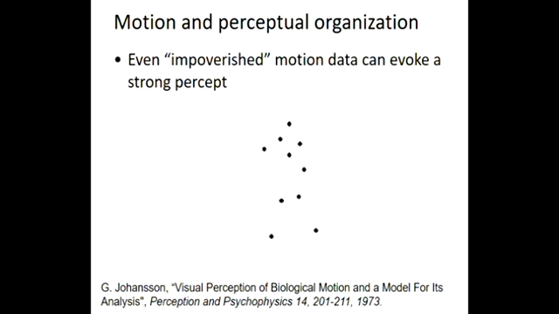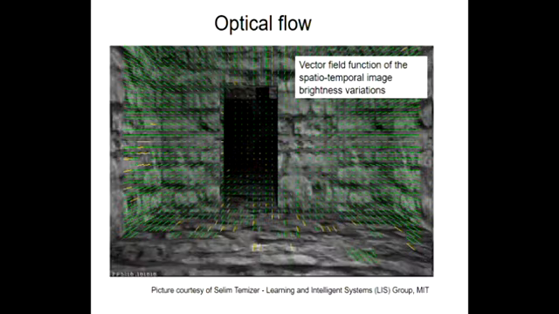It probably doesn't mean anything to you, but once those points go into motion, it becomes a person. This is just a 2D projection of the 3D points on a person. In the same way, when we're estimating optical flow, we're not actually estimating motion in 3D. We're estimating the projection of that motion on the image plane.